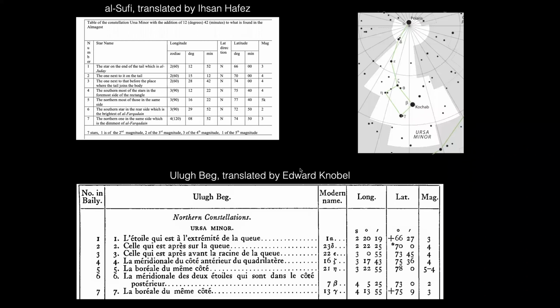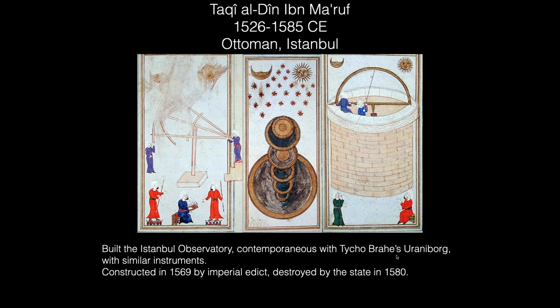Finally, and this one is one that Ayçin pointed out to me, a Turkish astronomer by the name of Taqi-ad-Din ibn Maruf built an observatory in Istanbul, the Istanbul Observatory. It was contemporaneous with Tycho Brahe's Uraniborg, and I'm convinced that as with Ulugh Beg, Tycho Brahe knew of this, and Ibn Maruf knew of Tycho Brahe, and they compared notes in the construction of their observatory.